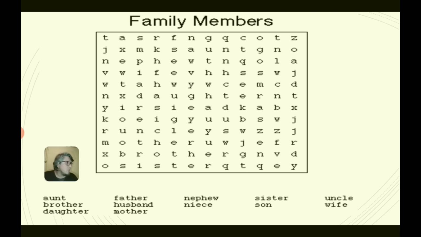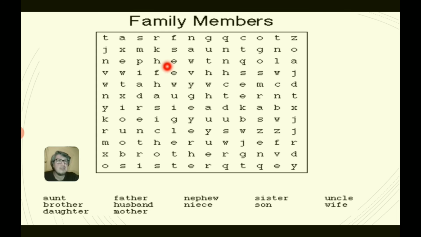Aunt. Where is aunt? I did this exercise beforehand, so don't worry. For example, what do we have here with my laser finger? We have nephew here. Nephew, right? The son of your brother or sister, nephew.